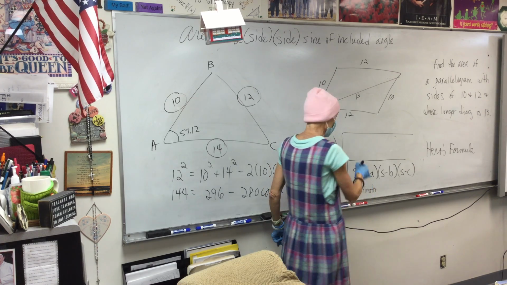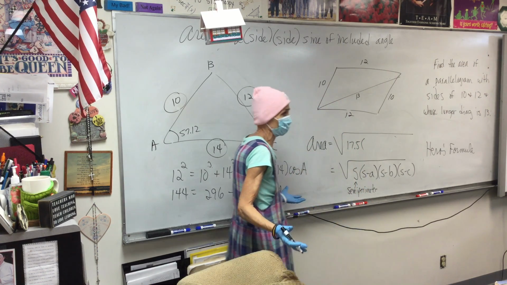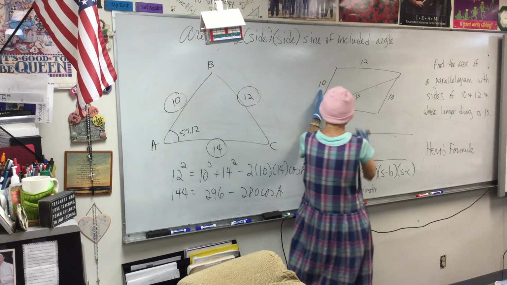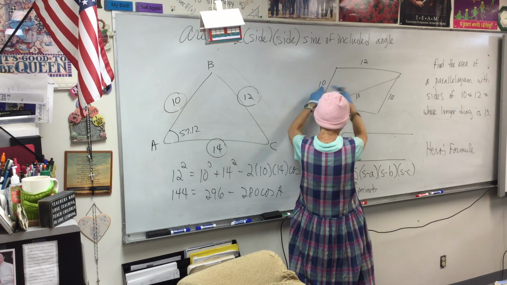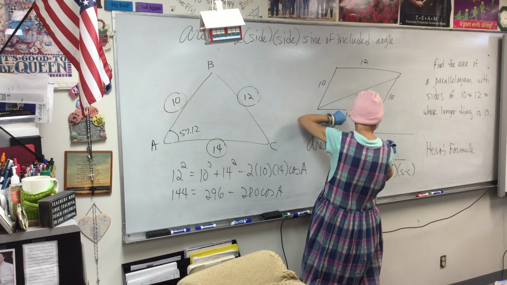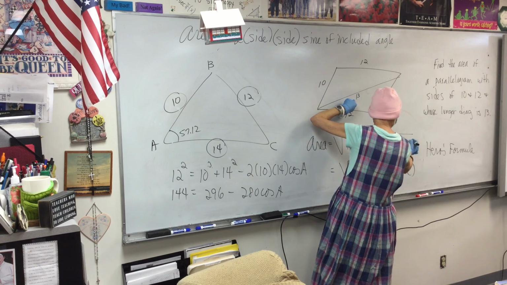Half of 35 is? 17.5. And I am not panicked about that. I have a calculator, for Pete's sake. So it's 17 and a half. Okay. What am I going to multiply that by? 7 and a half, 5 and a half, 4 and a half.